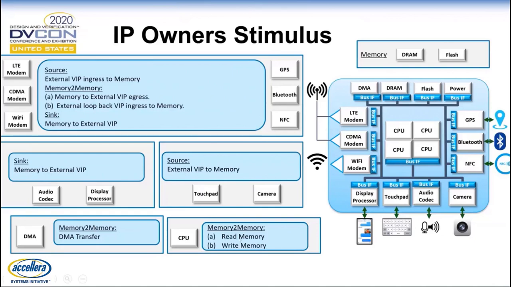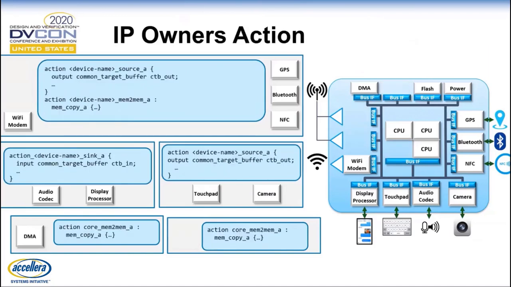So there are many ways of creating these chains using the stimulus that the IP owners provided, using source, memory-to-memory, and sync actions. This is what the IP owners will provide. It's kind of a template. Based on the device, they'll provide the source, memory-to-memory, and sync actions. Sync actions need an input, source actions have an output, and memory to memory have both inputs and outputs.